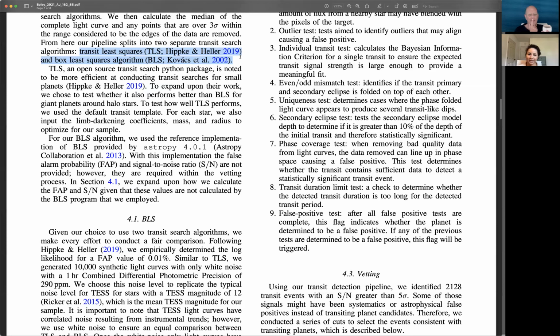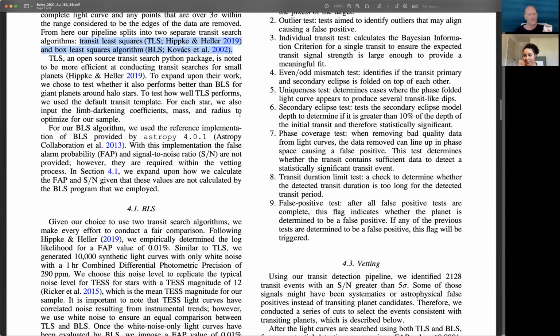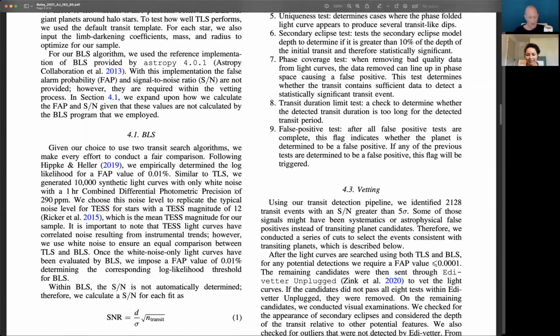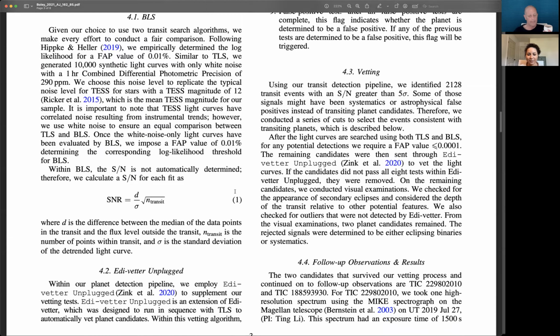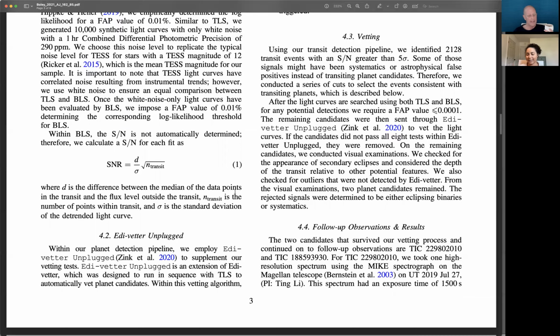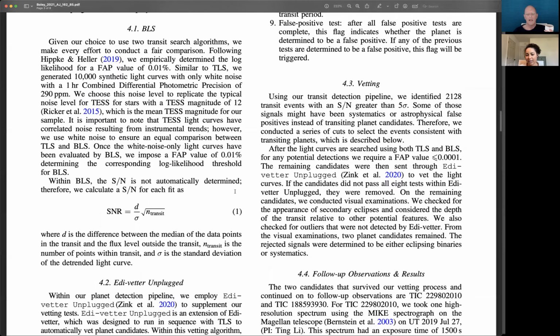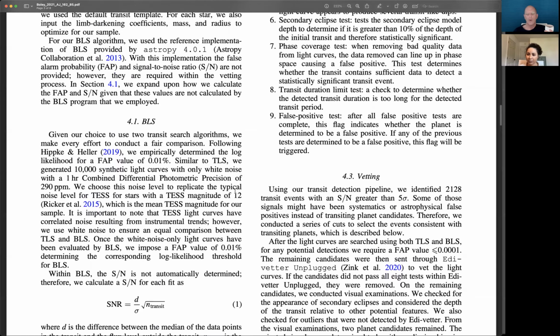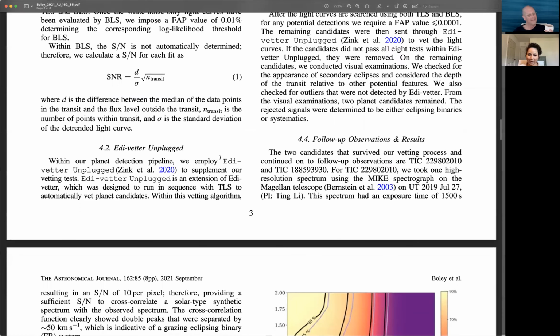So from there, we had to figure out how to compare these two methods, and we ended up using signal to noise and a likelihood method. But basically, once we sent our light curves through these detection methods, any of the planet candidates that we found, we sent through Eddie Vedder Unplugged, which is this really long bulleted list.